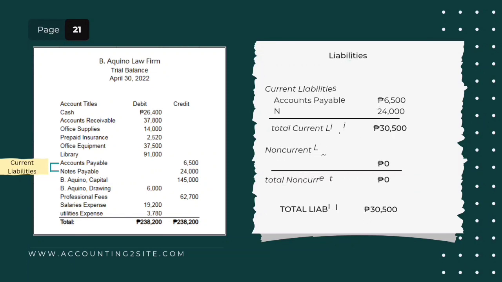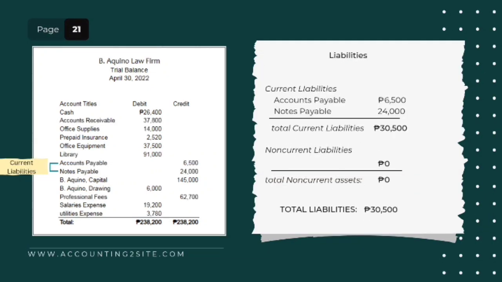Makikita natin sa unadjusted trial balance ang accounts payable at ang notes payable, which classified as current liabilities. Itong dalawang accounts titles na to ay pag-a-add natin na nagkakahalaga ng 6,500 at ang notes payable ay nagkakahalaga ng 24,000, and the total current liabilities is 30,500.